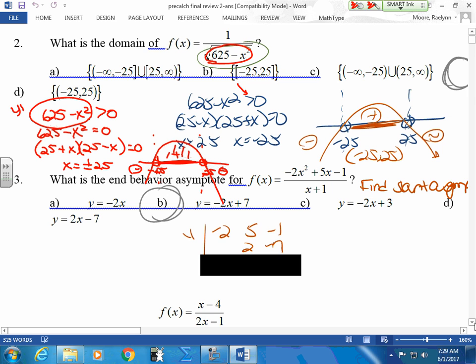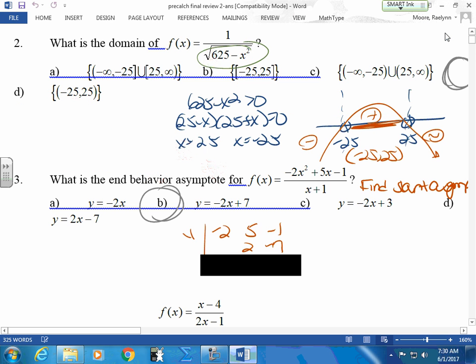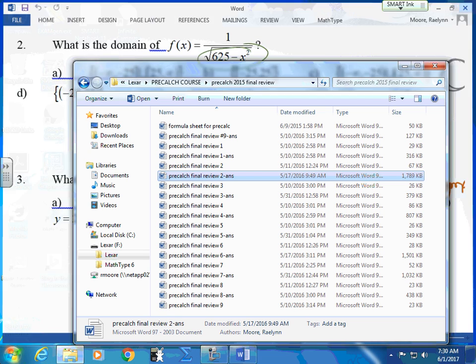Okay, this guy down here, and I don't know where this black box came from. It's so weird. All right, end behaviors. End behaviors are your asymptotes. It's just not working out. All right, maybe we could see 3 from there.